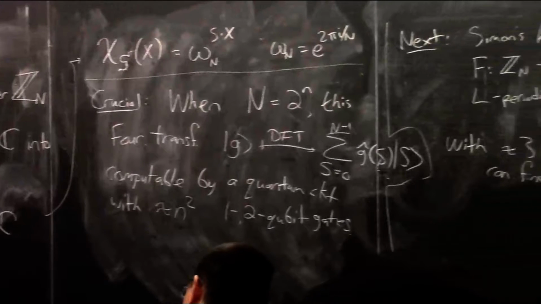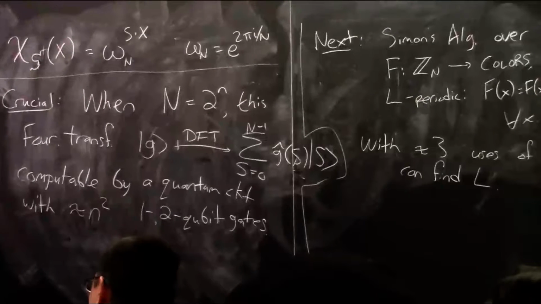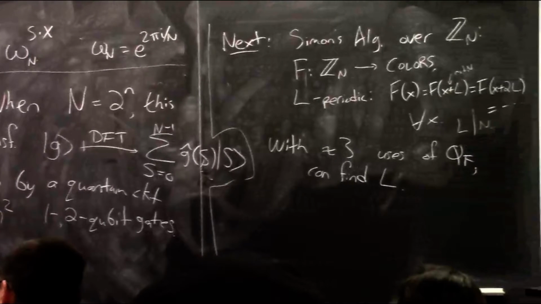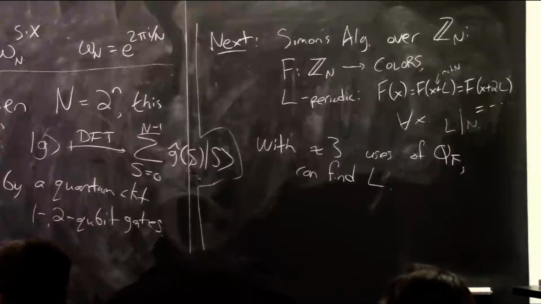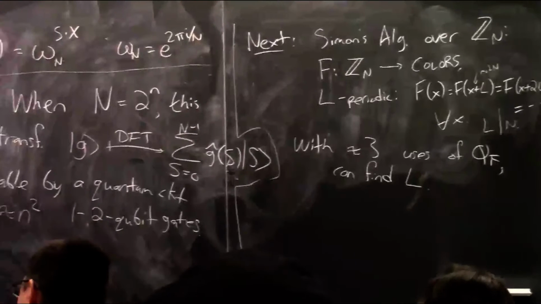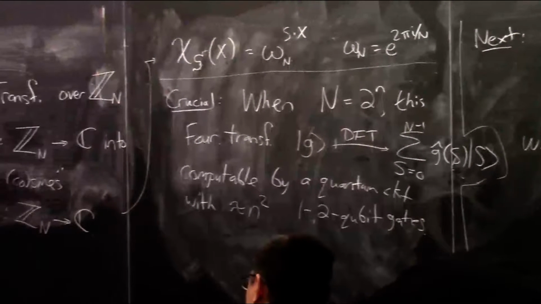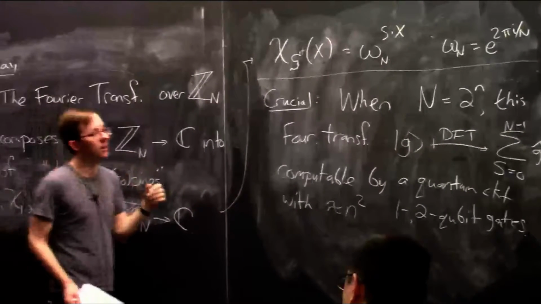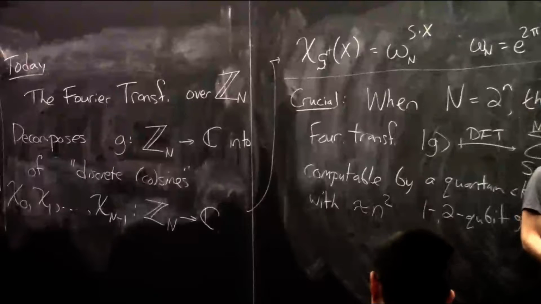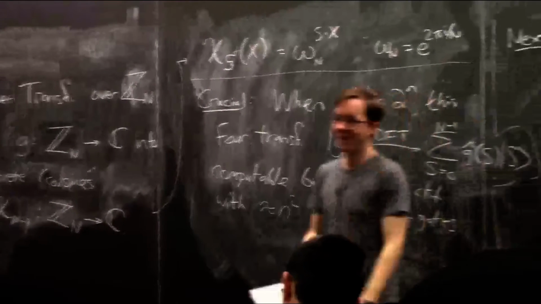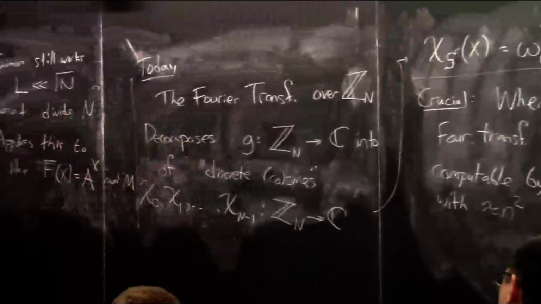There's a generalization where your domain, instead of being F2 to the n, the bit strings with the XOR operation, or Z_N, the integers mod N with addition, will be any group. It's an abstract algebra notion. And you'll have a Fourier transform for that group. And instead of an L-periodic function, you'll have an H-periodic function where H is a subgroup. And we'll see all those mathematical charms later in this course.